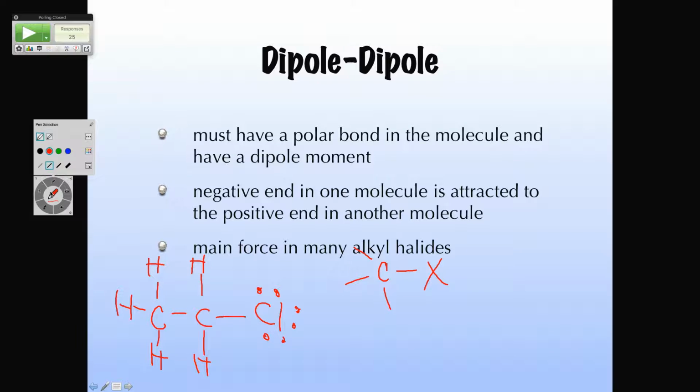Okay, so do you see the polar bond? Where's our polar bond? It's between the carbon and the chlorine, okay? And who gets more of the electron density? Chlorine or carbon? Chlorine. Right? It's more electronegative than carbon.